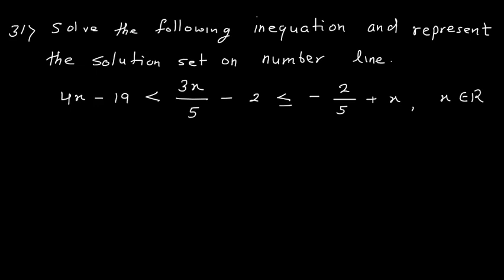This question 31 is: solve the following inequation and represent the solution set on the number line. So we have to solve and represent the solution set on the number line. Here, 4x minus 19 is less than 3x upon 5 minus 2, and this is less than or equal to minus 2 upon 5 plus x.